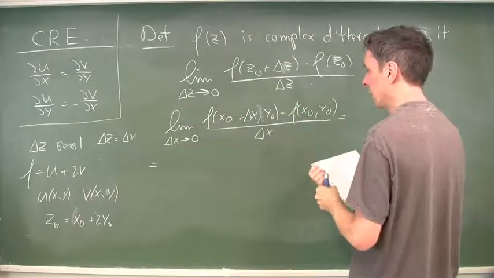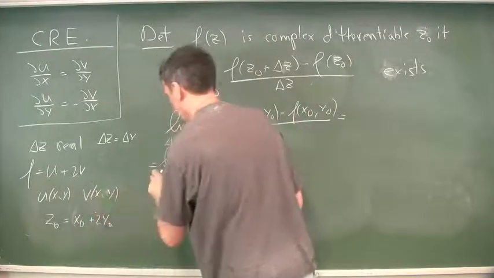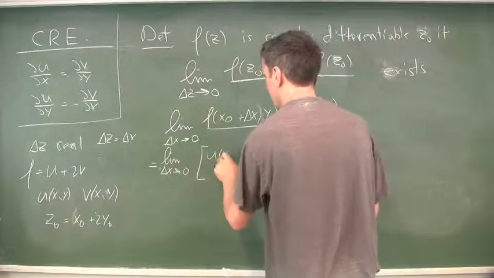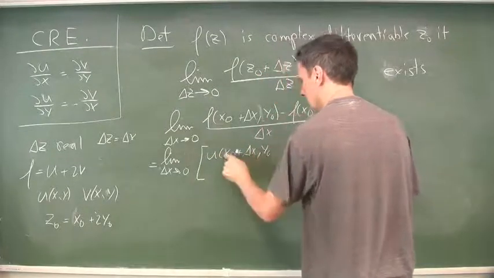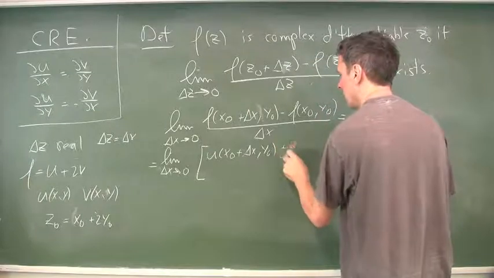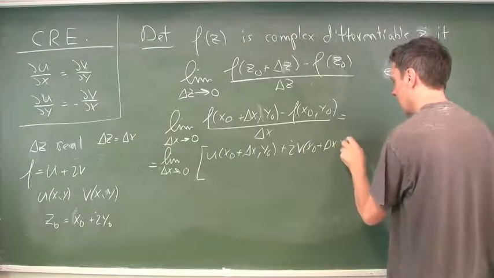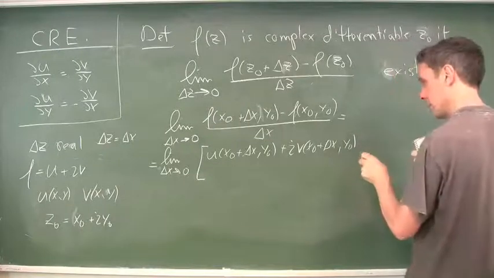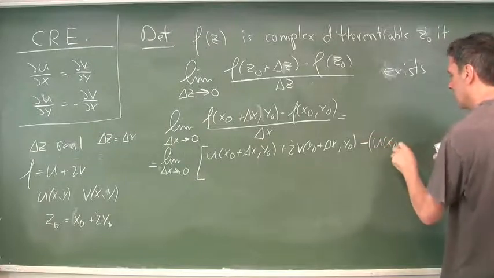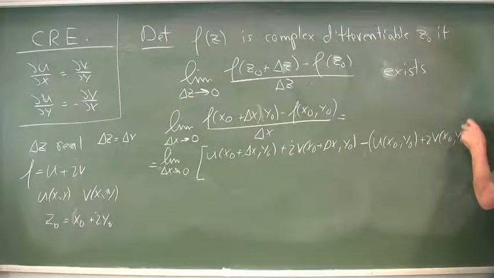And if we write this in terms of the real and imaginary part, then we see that this can be written as u of x naught plus delta x, y naught, plus i times v of x naught plus delta x, y naught, and then minus u of x naught y naught plus i times v of x naught y naught.